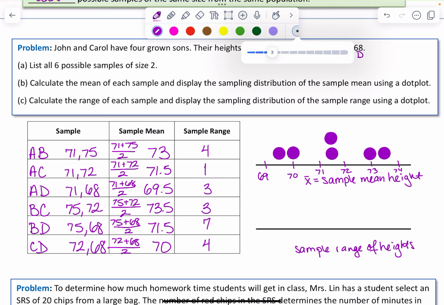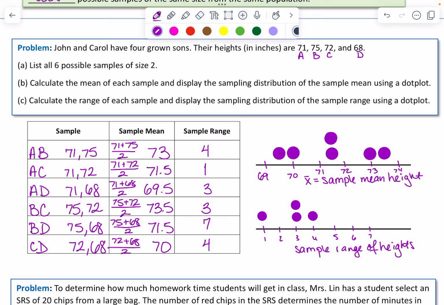I need to make sure that I have from 1 to 7, so 1, 2. Okay, so I got 4, 1, 3, 3, 7, 4.